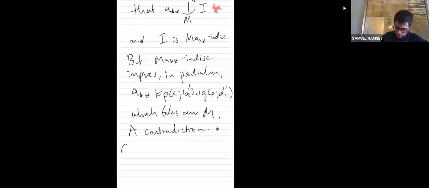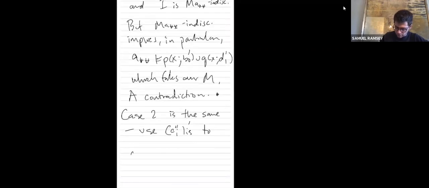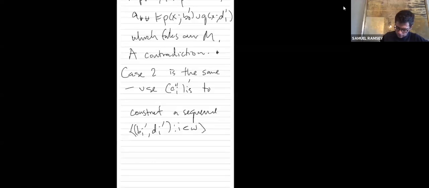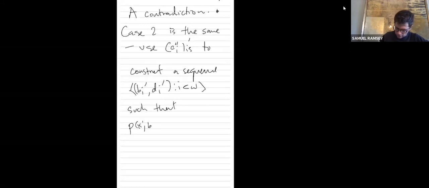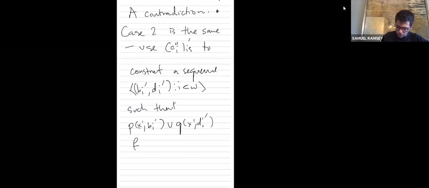So case 2 is the same. You use not the c i's, but the c prime prime i's to construct a sequence b prime i, d prime i, i less than omega, such that px b prime i union qx d prime i forks over M if and only if i is greater than j.